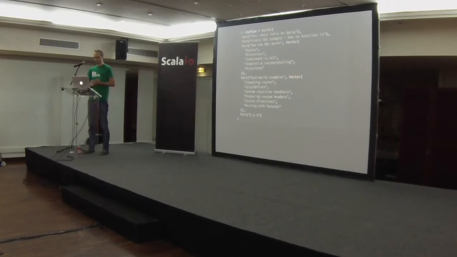So the plan for today is to give you an extremely short introduction to Spray, because yesterday's session already gave you a pretty good feeling for what Akka-Http and its predecessor Spray do, what it's good for, and why. And I'll show you a very simple example, what it looks like, how to run it, how to test it.